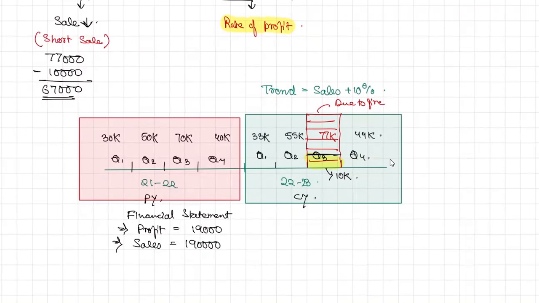So what is my rate of profit? You will say profit by sales into 100. So what will it be? Nothing but your 10%. Correct. 10%.